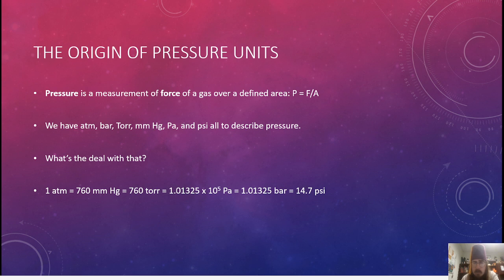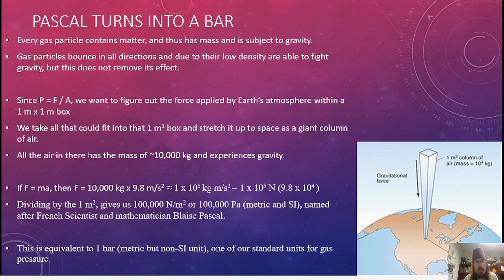And a bar, it's 1.01325, kind of like the protons to neutrons. They're not quite equal, but they're pretty darn close. Of course, to convert an atmosphere to psi, it's just 14.7. But it's possible to convert one to another rather easily. Now, where do we get all these units from? All units must be derived from something.